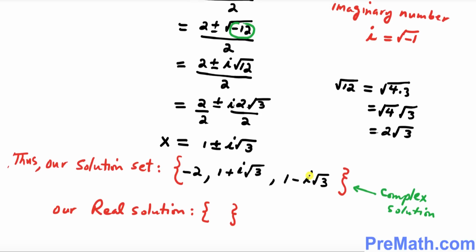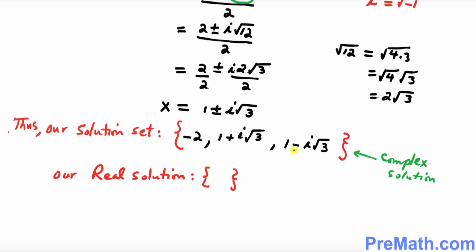This is your complete solution set, and because this has i, an imaginary number, with it, this whole thing is going to be a complex solution. But if you are just looking for a real solution, the real solution is going to be simply -2.